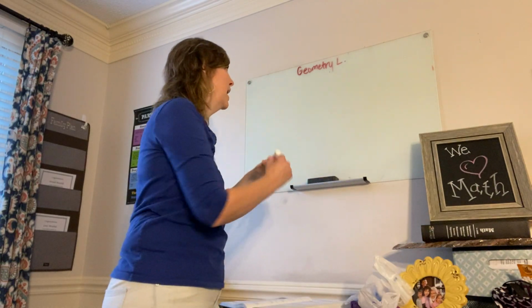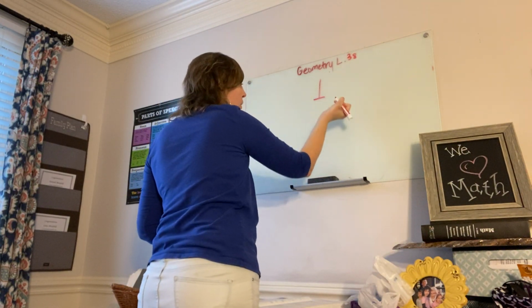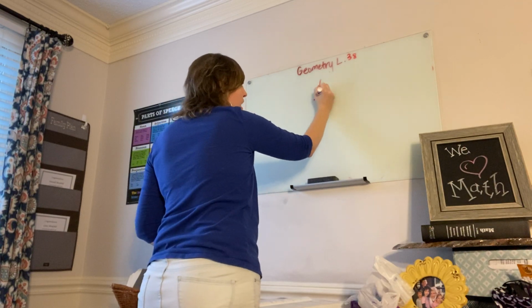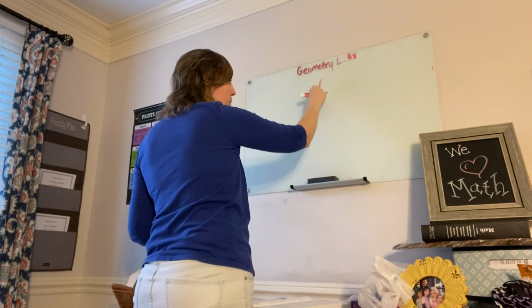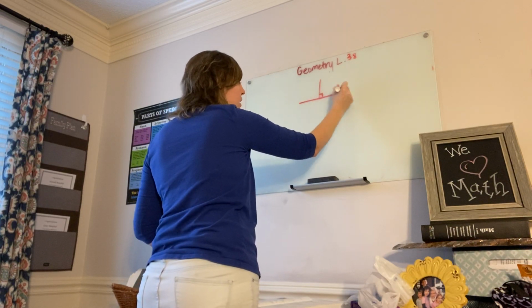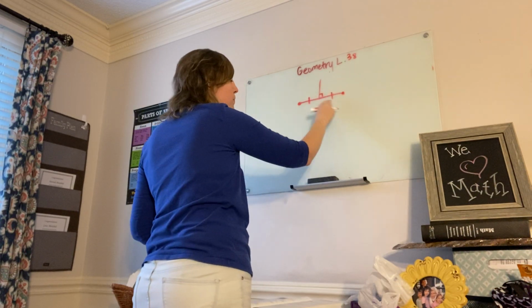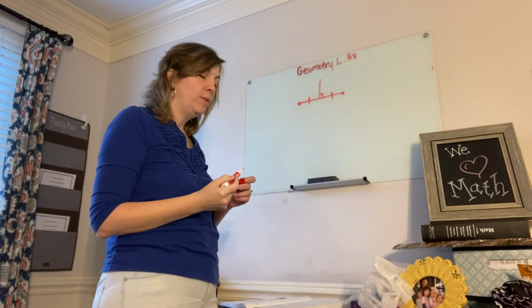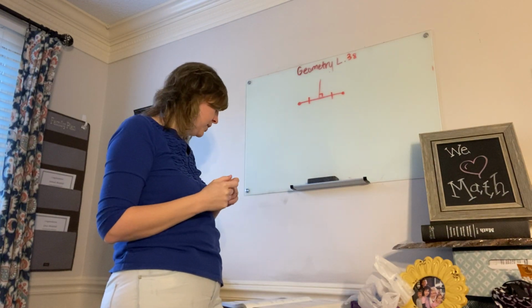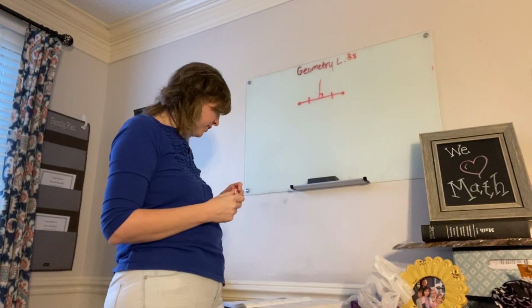So lesson 38, if it tells you that it's a perpendicular bisector, then the angle that's formed is 90 degrees. But also a perpendicular bisector is going to mean that the sides that are made will be congruent.